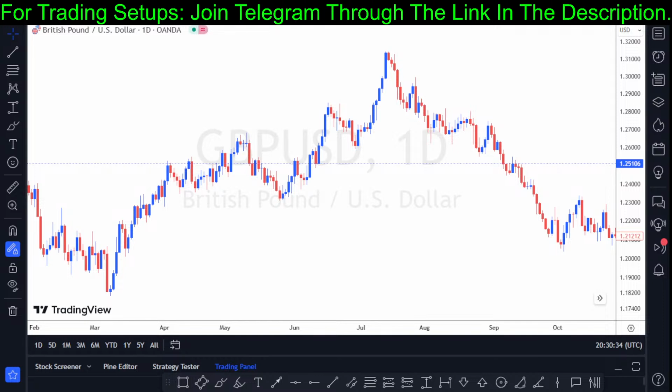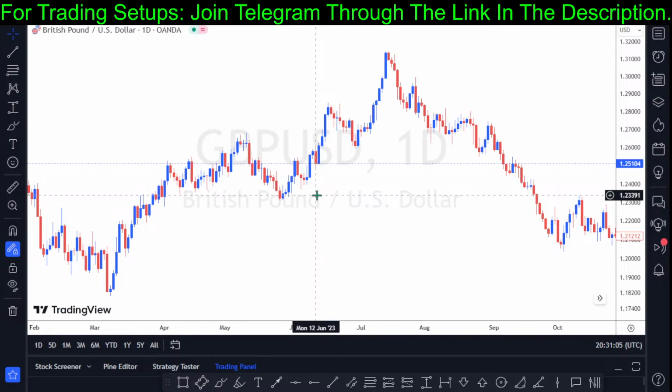So let's talk about the Fibonacci retracement tool. It is one of the important tools in technical analysis that professional traders use to detect trade setups in the market. If you learn how to properly use this tool, it will be a powerful tool in your arsenal, which you can use to perform wonders in the market, right?